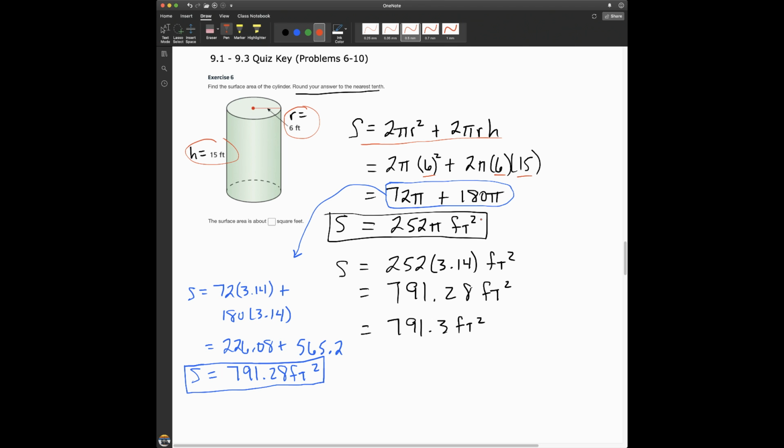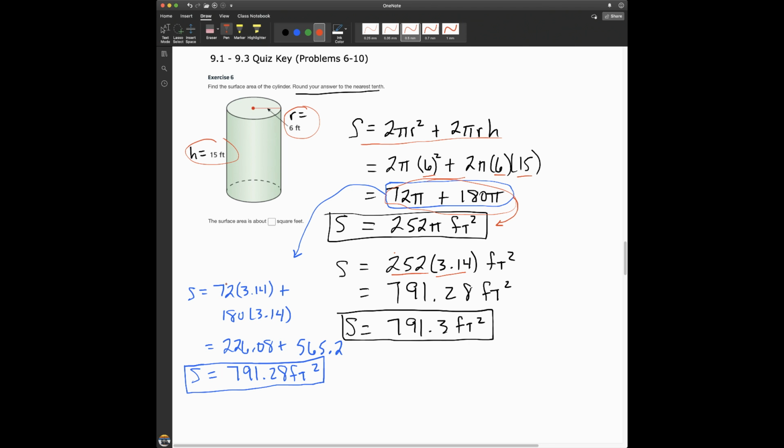And I do the work. My preference is to go from this step to this step, because then I'm only multiplying one number times 3.14, and I end up with my surface area down here. Some of you like to multiply by pi in this stage of the problem, and that's fine.